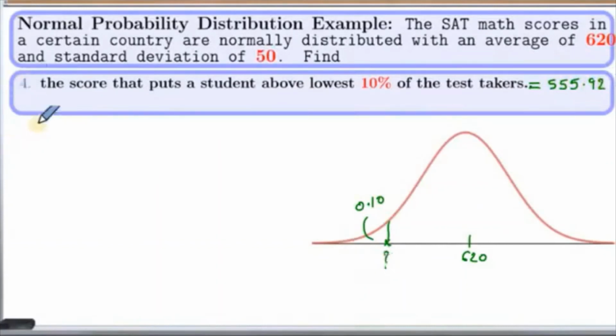Now let me show you how to do this using the formula. So we'll be using this formula here. Z equals x minus mu over standard deviation. Since we are given the area to the left of this point here, from this area we can easily find the Z score. So let me pull up the table so that we can find the Z score.